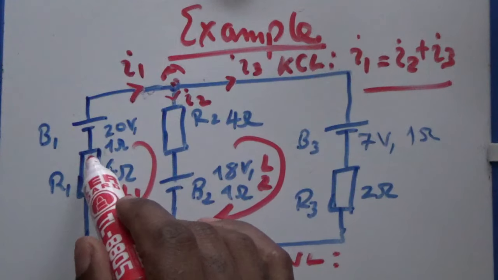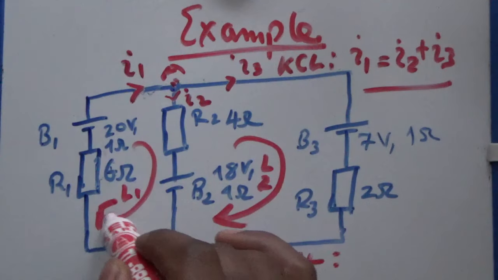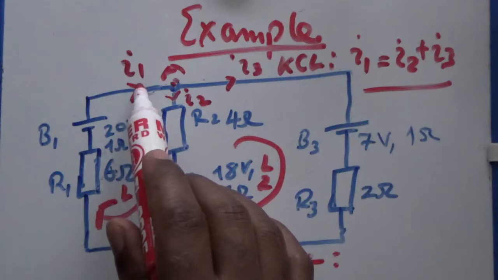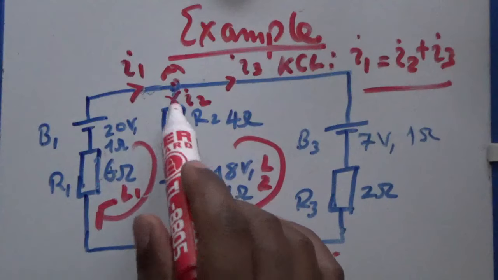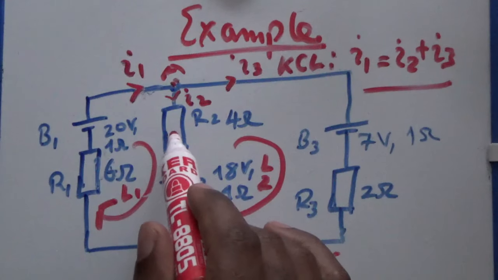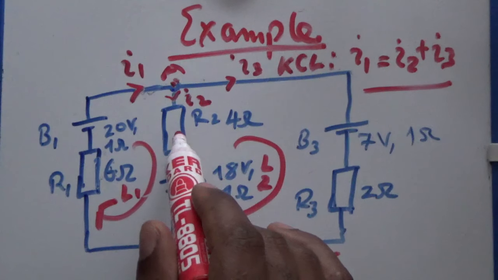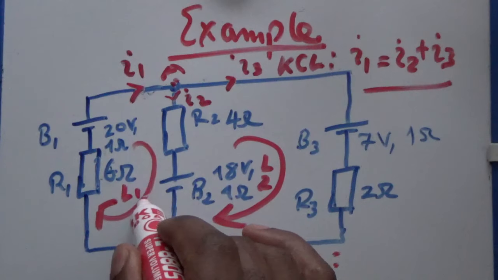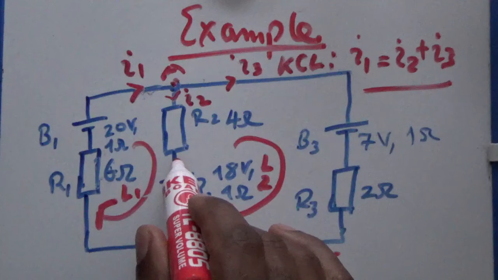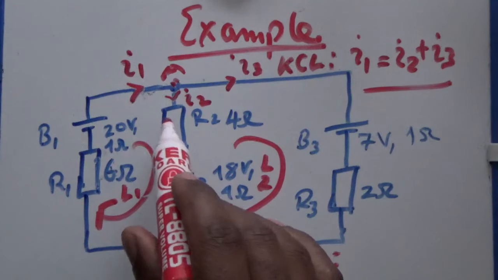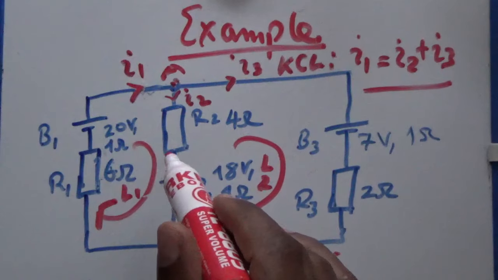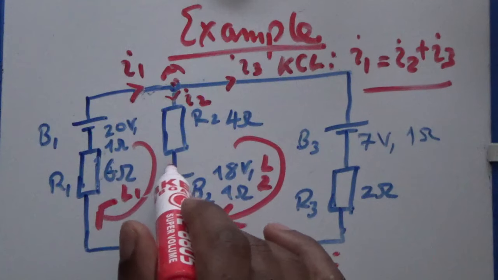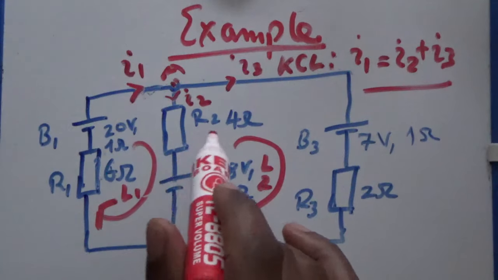The current through here, through the 6, will be in the same direction as the loop, so it will be positive. Here the loop goes down, the current goes down, positive potential drop. Here the loop is going down, but the current flowing here is going up. If we consider I2, then we say that it is positive, but the EMF due to this current going up, so it doesn't matter.